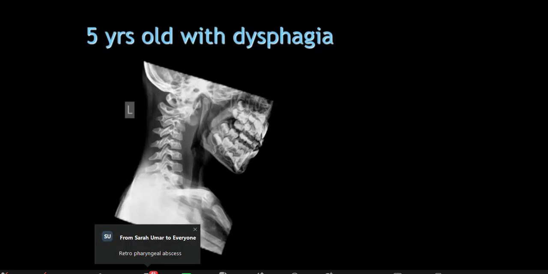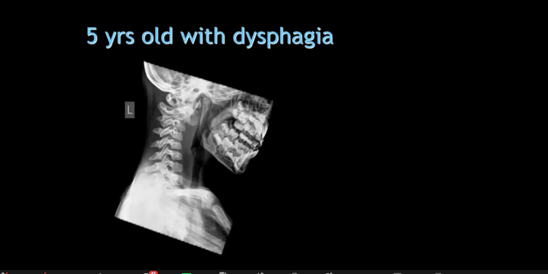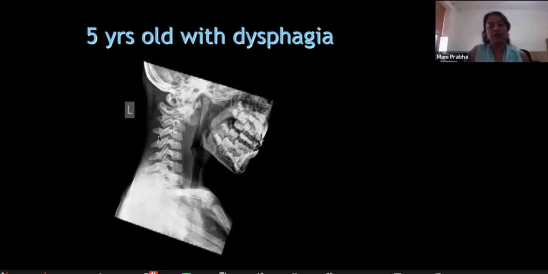It is widened, especially in the upper cervical spine. And it should be, I think, less than 5 millimeters. Is that right? Yeah, so it's definitely more, isn't it? It's more than one vertebral body, which is the correct dimension for the lower part. So there is definite widening.